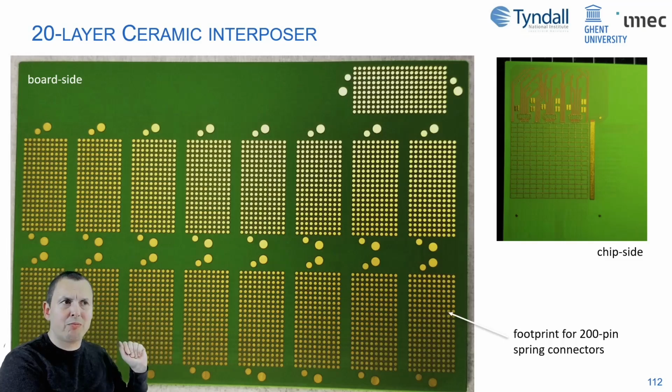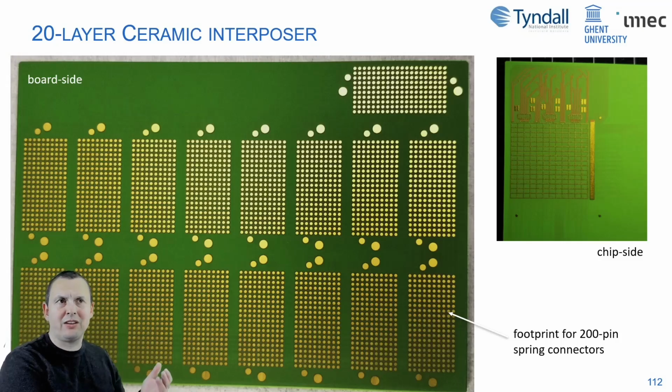The bottom side of the interposer is shown here behind me. So these very dense interconnections are broken up into a much wider space, which is compatible with a printed circuit board and which you can use with standard packaging techniques.